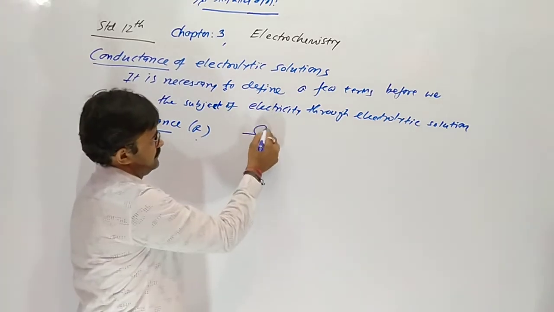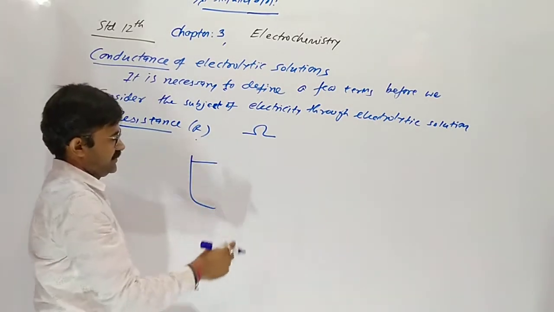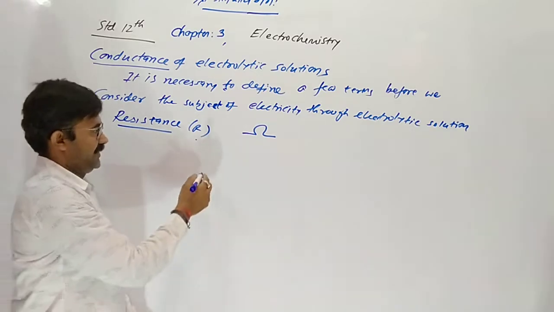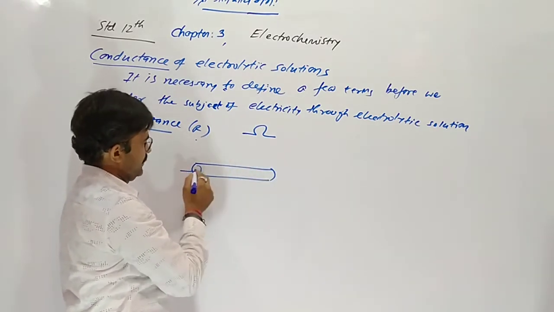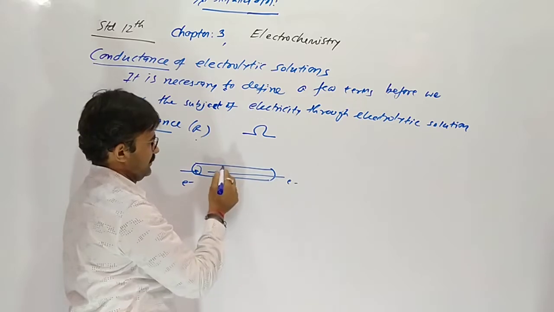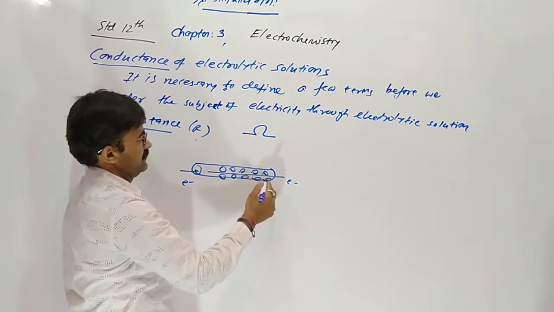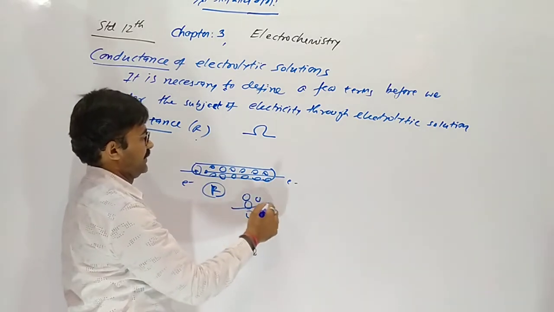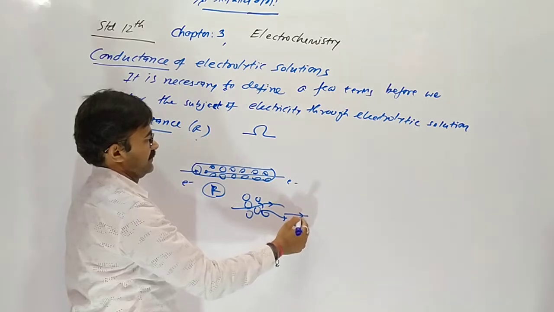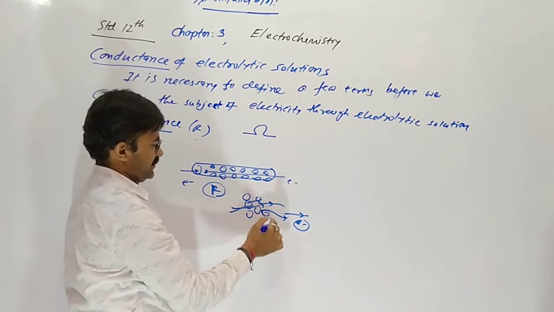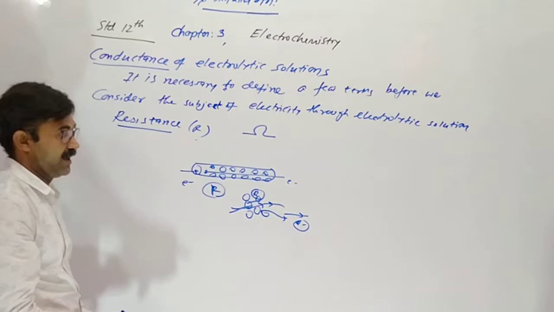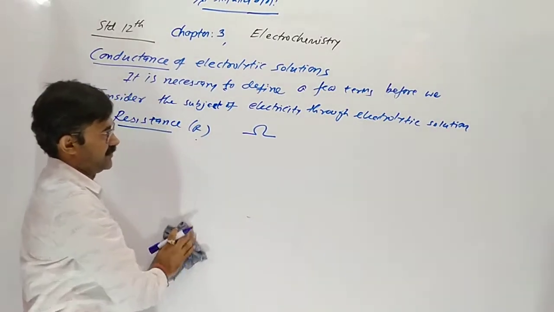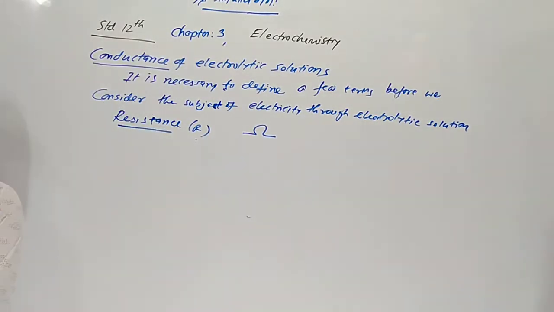Conductivity: in any electrical wire, when electrons pass throughout the wire, they experience resistance because atoms are there, and the electrons have to pass through the atoms. So before conductivity, we have to look at resistance, that is the term electrical resistance.